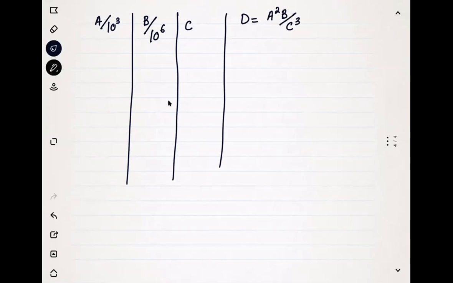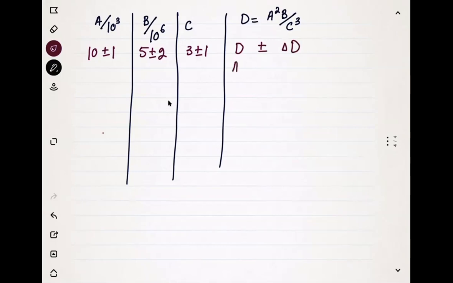Now the values which we have are 10 plus minus 1, 5 plus minus 2, and 3 plus minus 1. D will be calculated as D plus minus delta D.